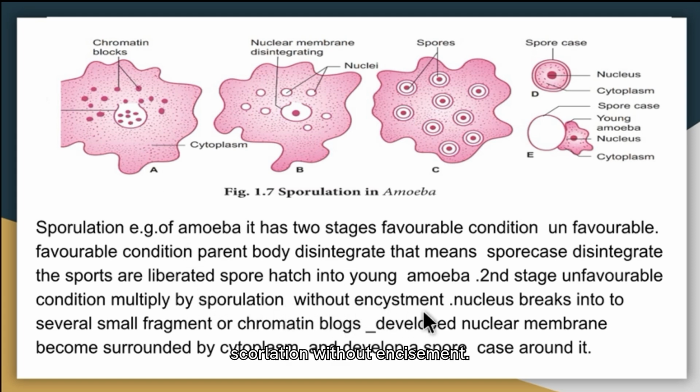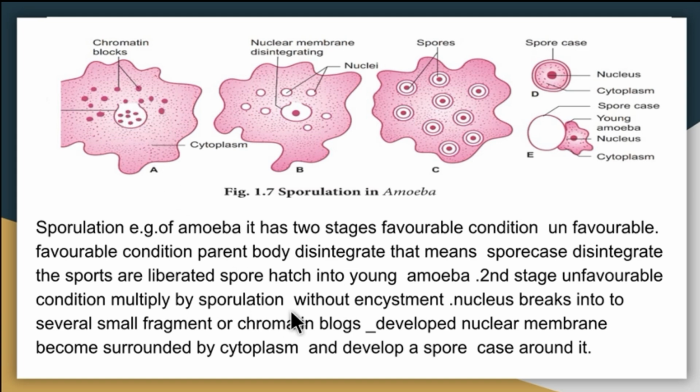Sporulation without encystment. We have already discussed encystment. Encystment is one of the multiplication methods in amoeba. The nucleus breaks into several small fragments or chromatin blocks. Here, nuclear chromatin blocks in this region.